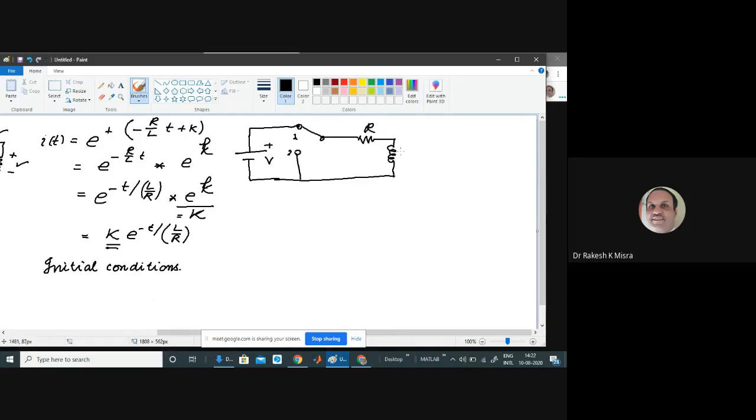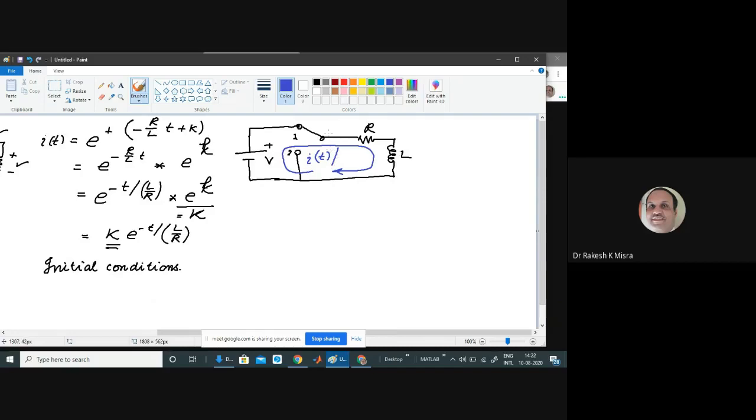This is R and L. This is voltage source. Under this situation, the current which is flowing is going to be like this. And this current we will call i(t).